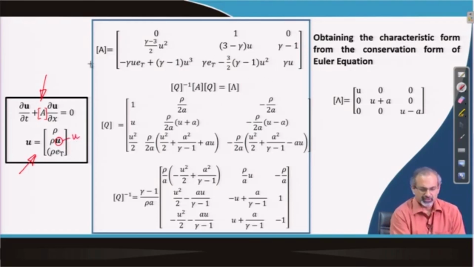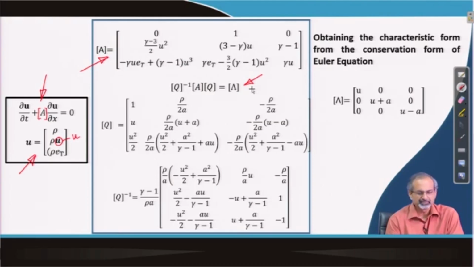Then we showed how to obtain the different entries of the Jacobian matrix A. We discussed the diagonalization property of matrix A, which makes it a hyperbolic system, and then we were talking about Q and Q inverse comprising the right and left eigenvectors of A. They are dependent on A.